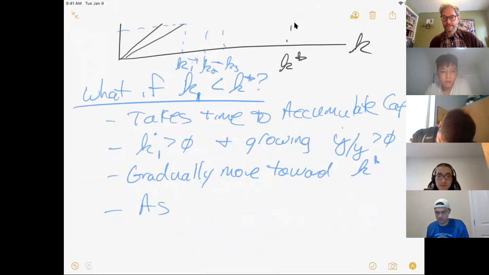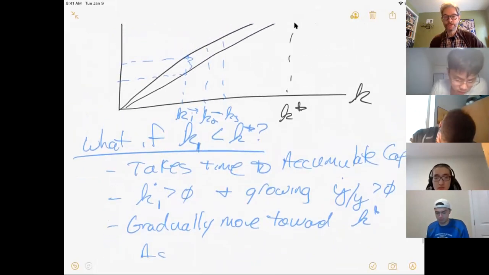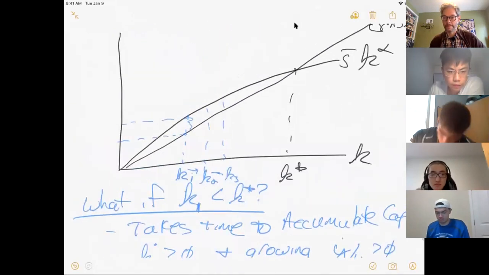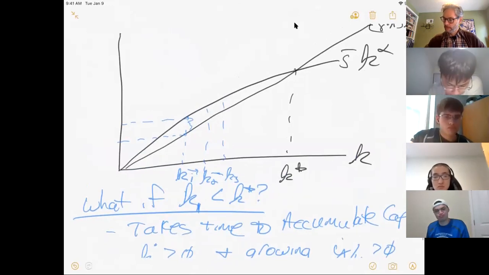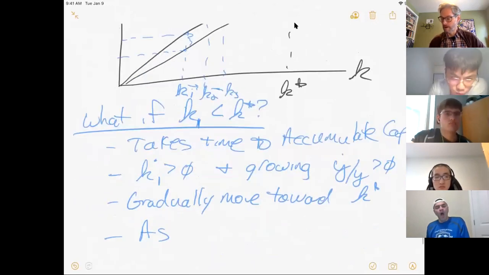But here's the other interesting thing to note. What's going to happen as you get closer to K star? What's happening to the difference between these lines? They're getting smaller and smaller and smaller.